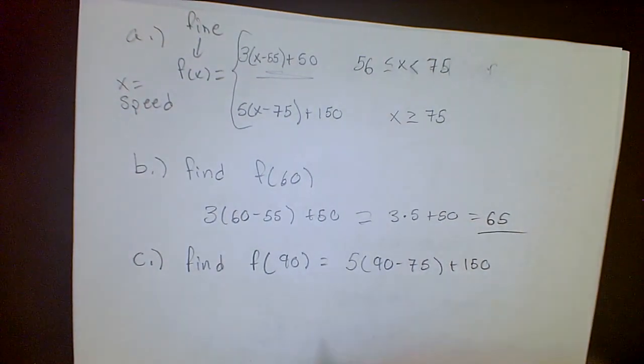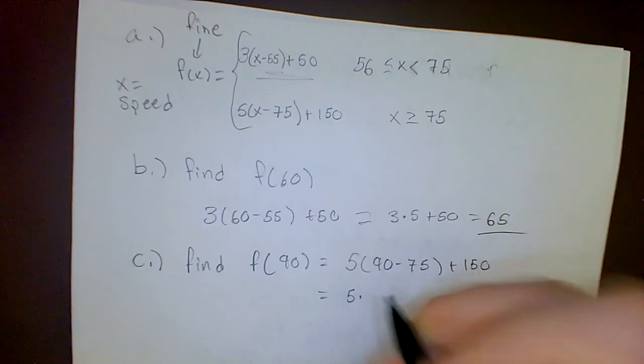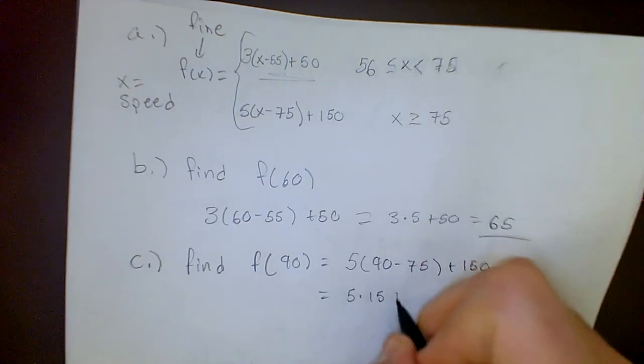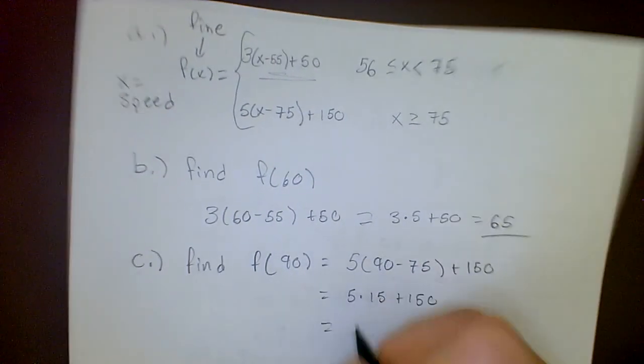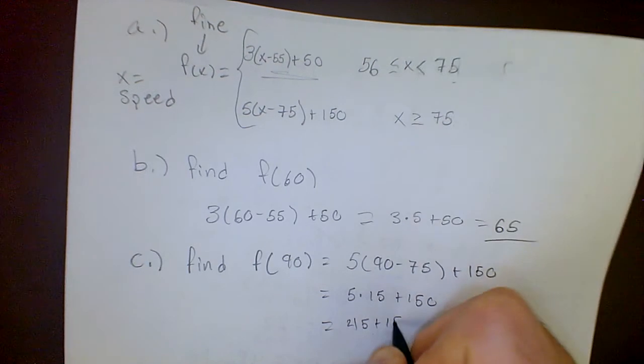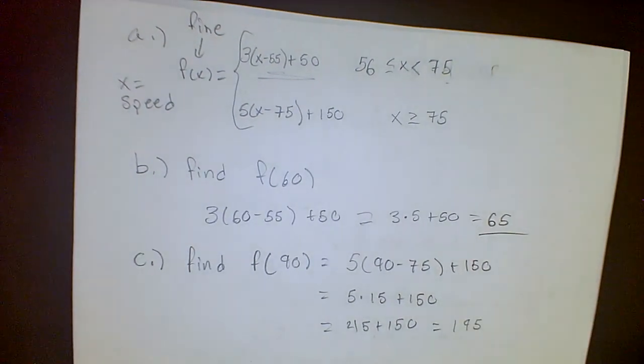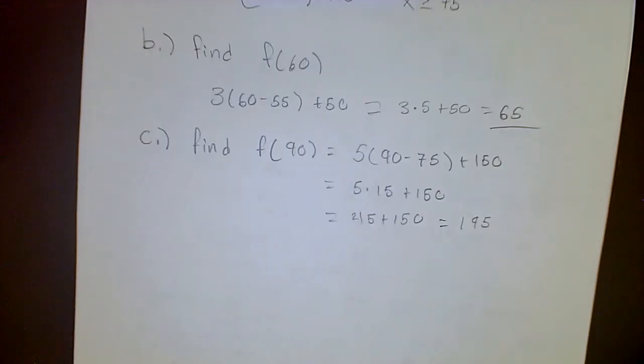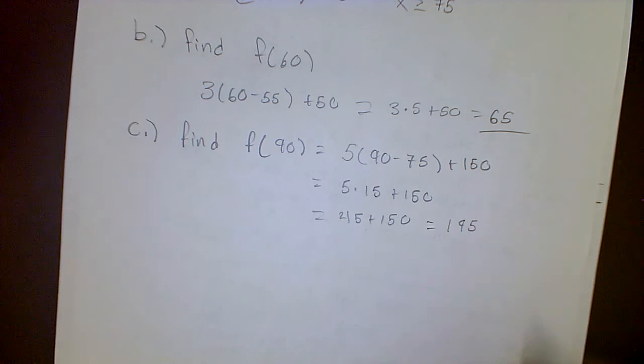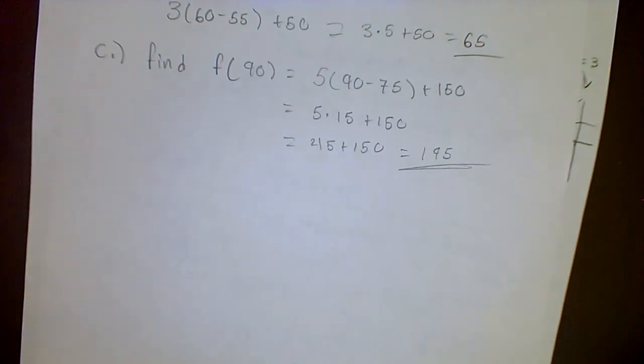Okay, so this is 5 times 15 plus 150, which is 75 plus 150, which is a $225 ticket. Which is, I mean, relatively, if you're going 90 miles an hour in a 75, that's pretty cheap. Alright, so that's how you would do that problem.